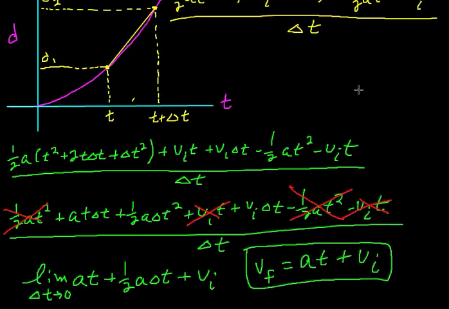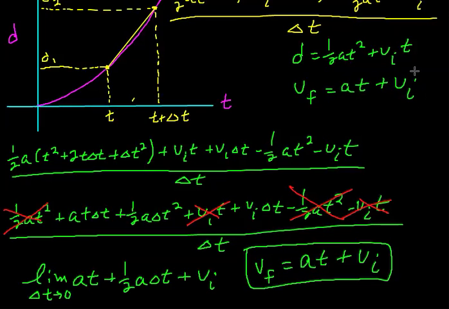So what we have here is we started with d equals 1/2 at squared plus vit, and we took the derivation of this equation to figure out what the slope of the line is at that point, and it ended up being at plus vi.